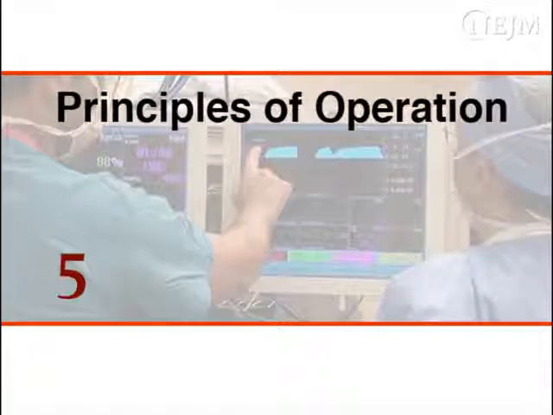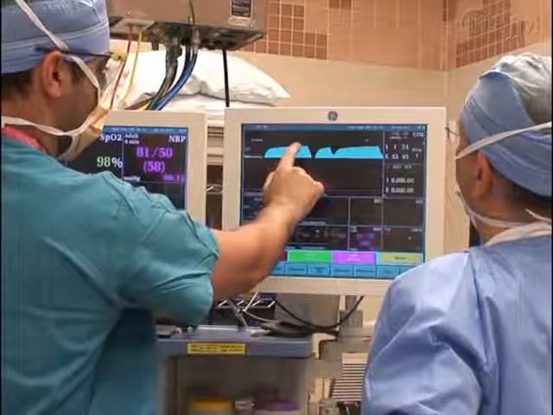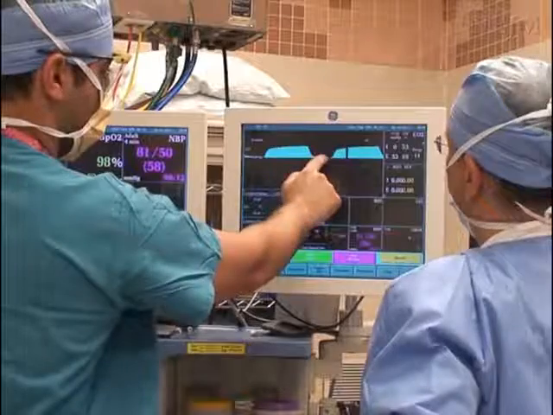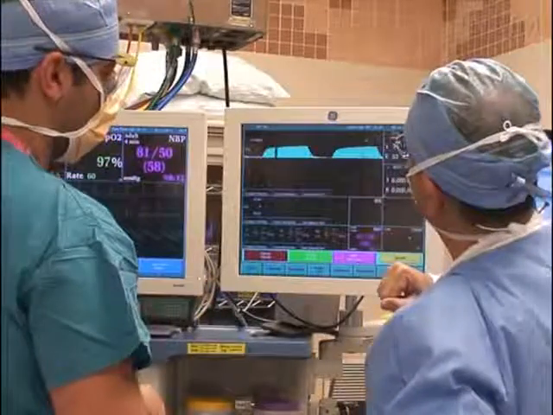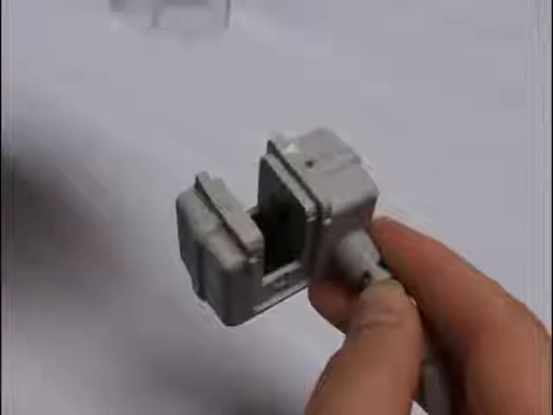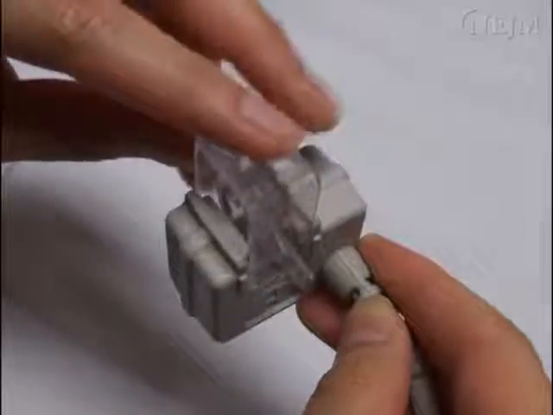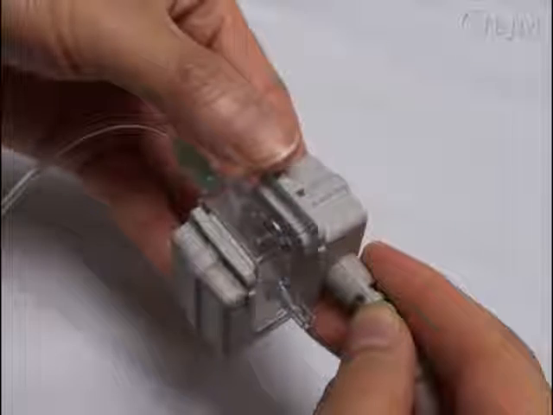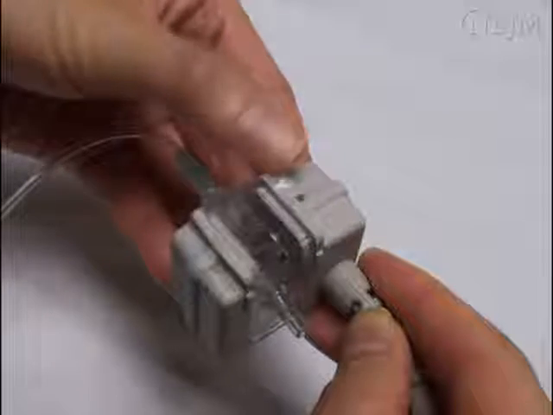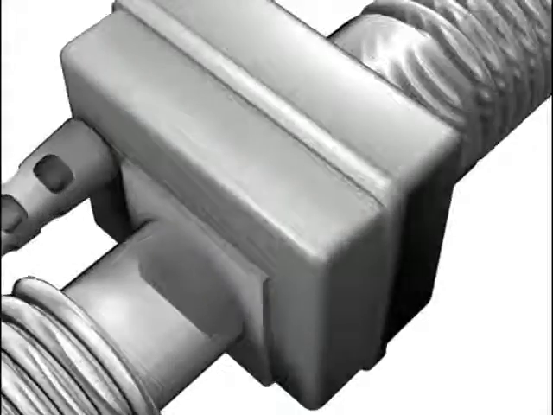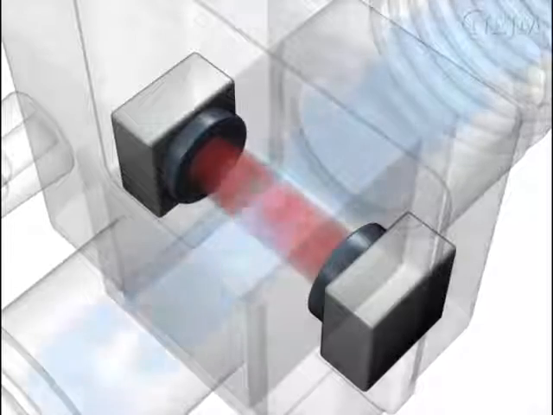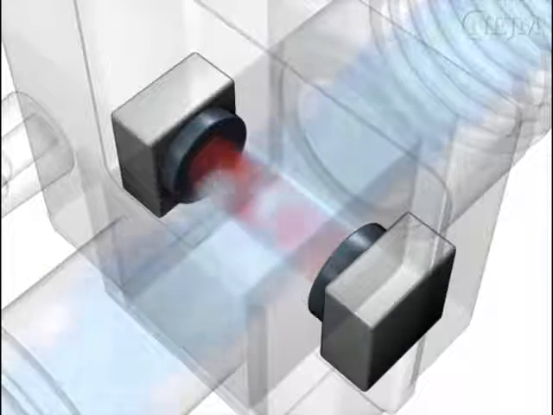Principles of operation. Capnography is based on the concentration of carbon dioxide in a sample of exhaled gas throughout the respiratory cycle. Because of the chemical properties of carbon dioxide, a variety of techniques can be used to measure its concentration. Infrared absorption spectroscopy is typically used in clinical practice. Infrared light can be passed through a sample of gas to an infrared detector.